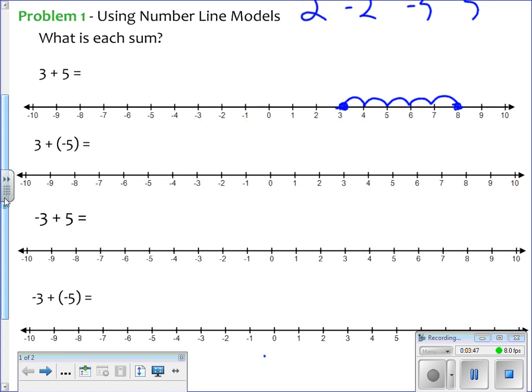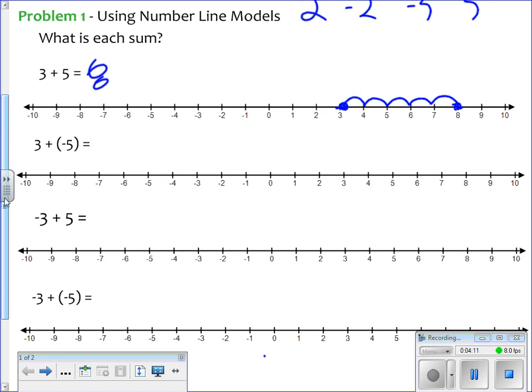I certainly hope that you can add 3 and 5 and get 8 without having to bust out a number line every time. Okay? Now, but there are times that we will do stuff to help you visualize, to help you see it in a different way. Okay? So let's do the same thing on the next one.